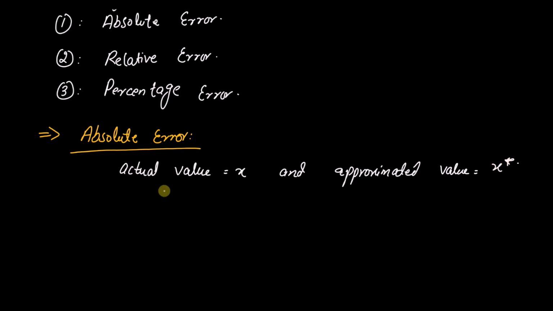Whenever we calculate the absolute error, we can denote it as a dot e, that represents the absolute error. We write e a, or epsilon a; all of these can be used as absolute error notations. It is the mod of actual value minus approximated value. This is similar to the simple error, but we take a mod, so the negative value will be changed into a positive value. That is the only difference.